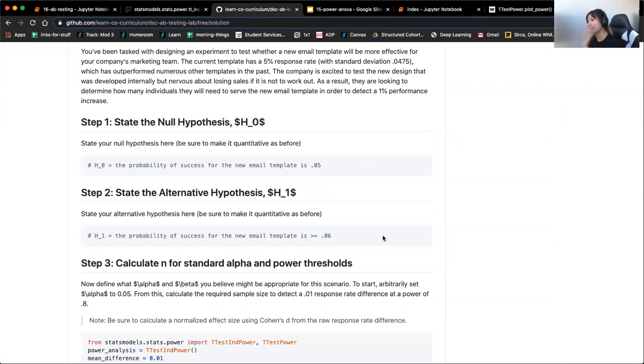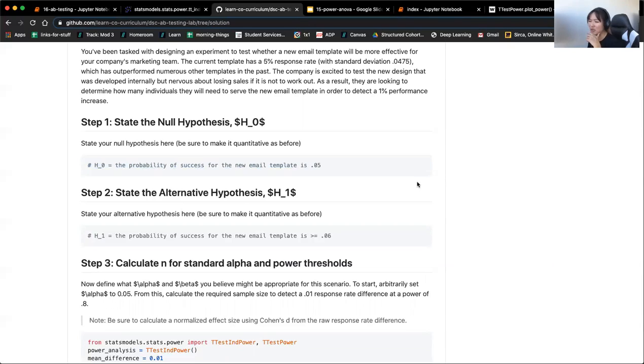I do think for the hypotheses in this context, this is not the only way. I think for hypotheses, you usually do want to use the actual number rather than the effect size.